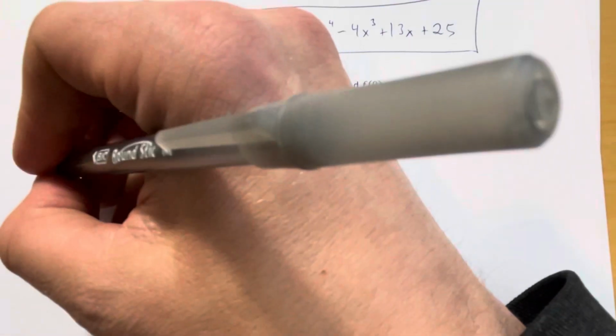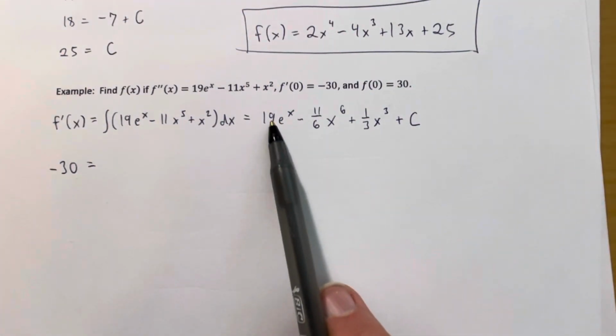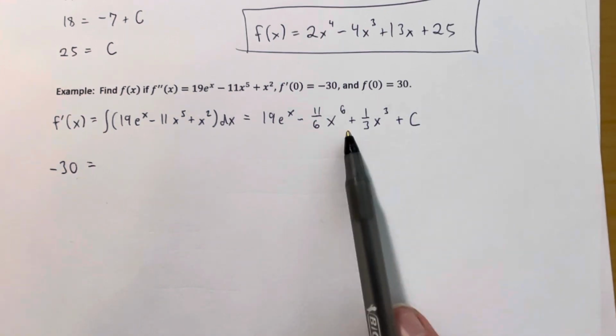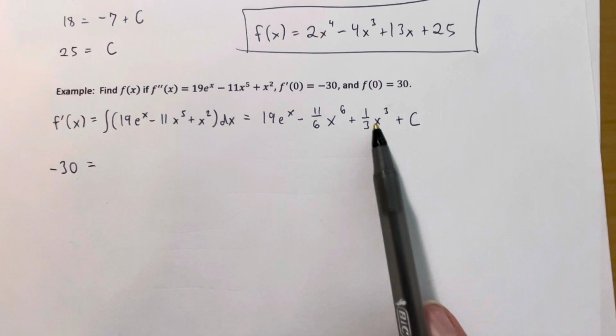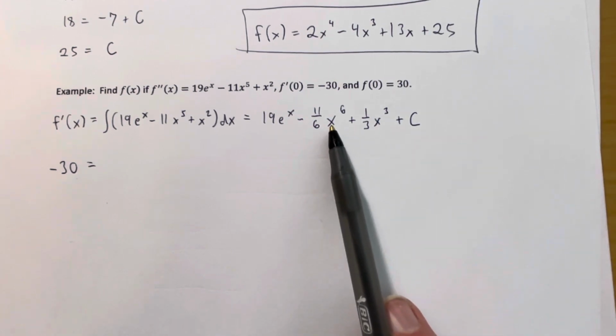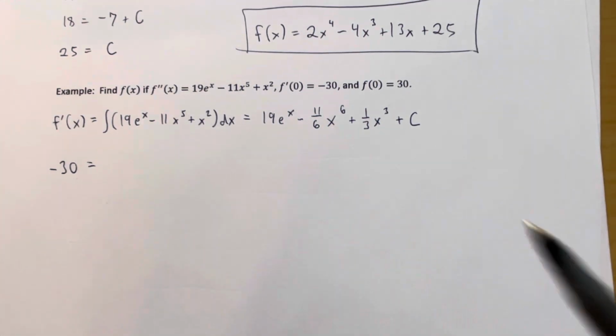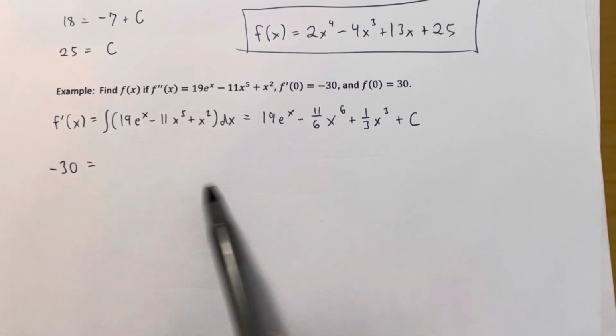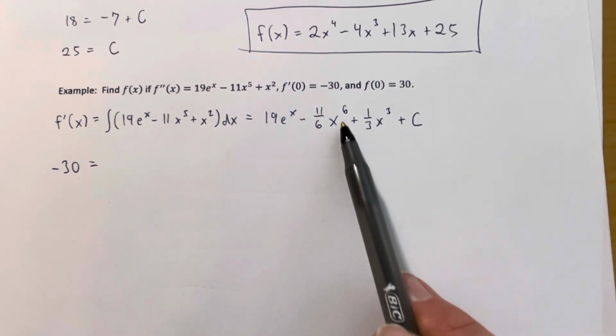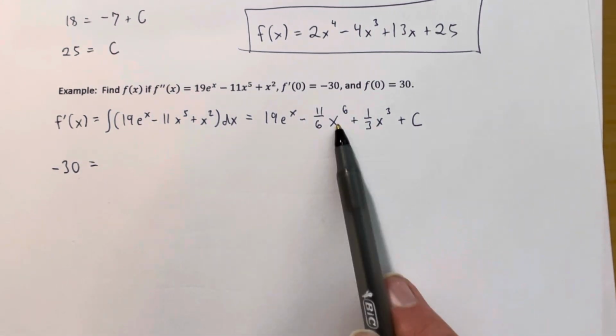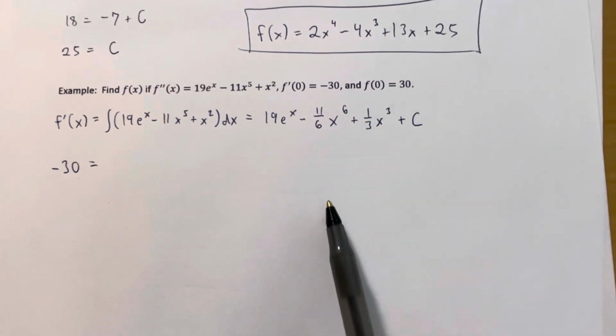So negative 30 is equal to whatever I would get from plugging 0 into this. Now notice the power functions, x to the sixth and x to the third, are both going to become 0 if I plug a 0 in for x. So I'm not going to write out negative 11 sixths times 0 to the sixth power. I can see clearly enough these are both going to become 0.